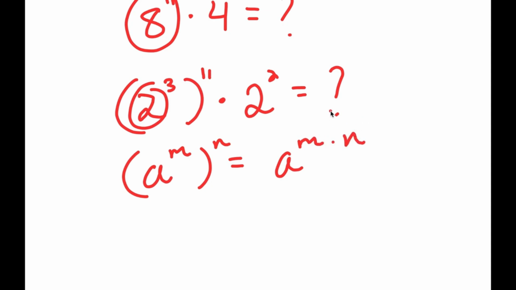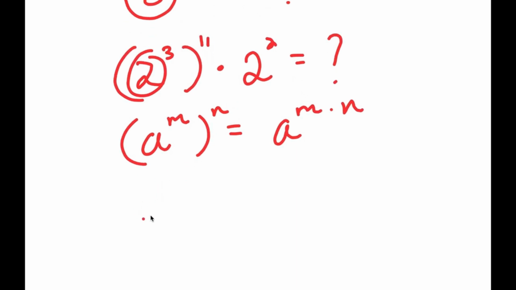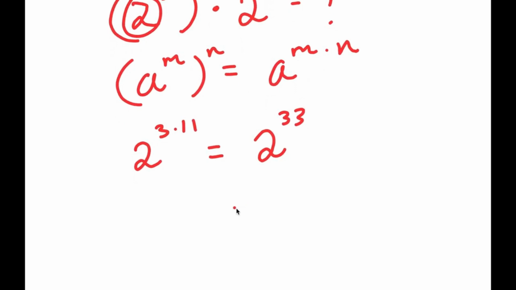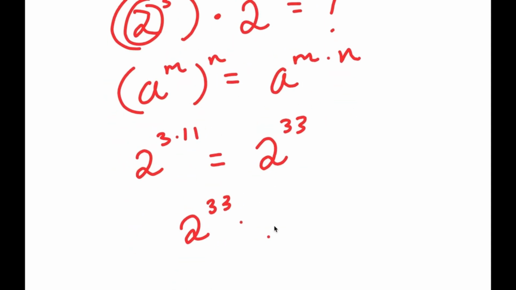So 2 to the power of 3 to the power of 11, that's going to equal 2 to the power of 3 times 11, which is equal to 2 to the power of 33, because 3 times 11 is 33. So now I have 2 to the power of 33 times 2 squared.